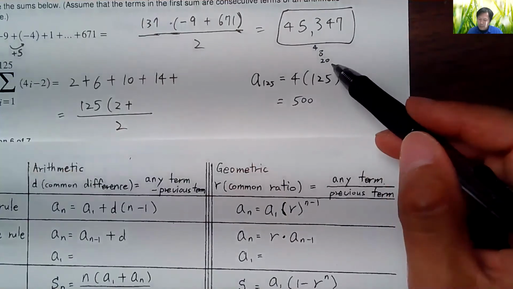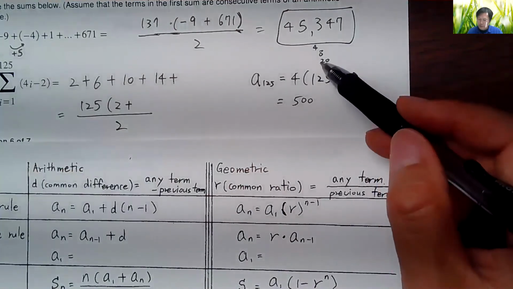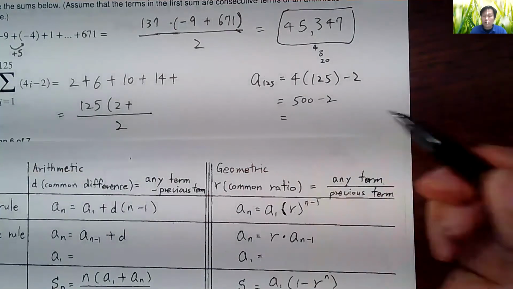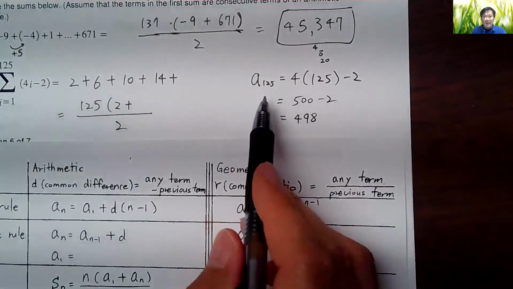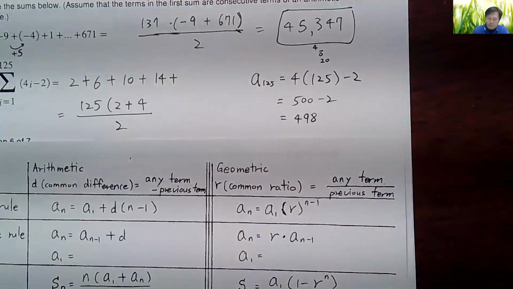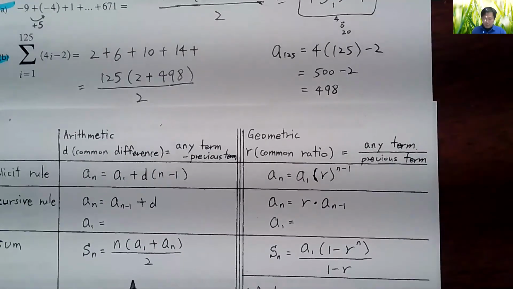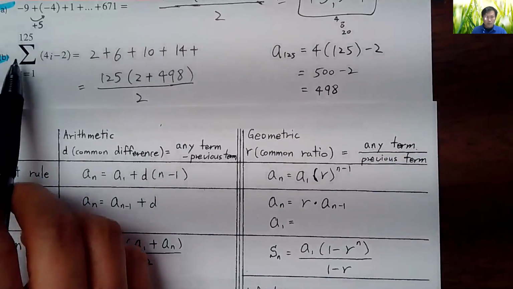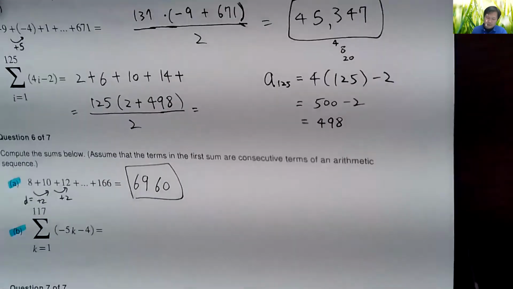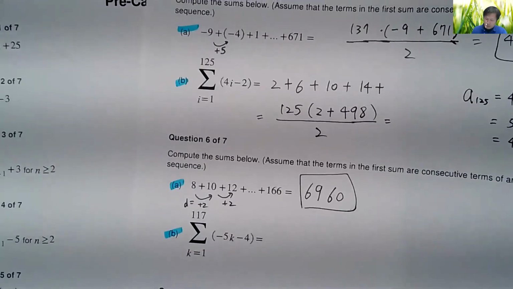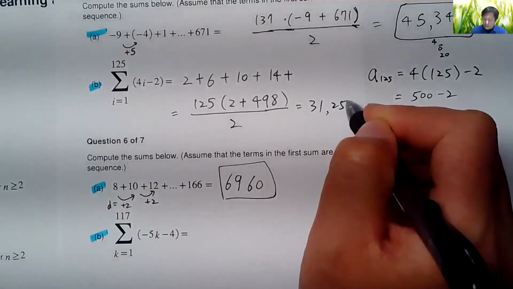Yes, 500 minus 2. If you have a calculator, just plug into the calculator. So 498 is the last term. That's what you need here, 498. So we got the first term, the last term, and n was provided, plug it in. Now you put that into the calculator, then you will get the answer, which will be 31250.